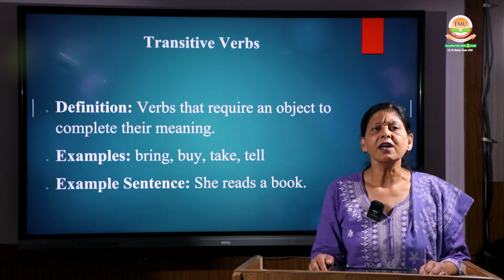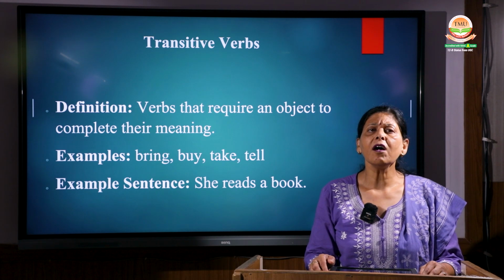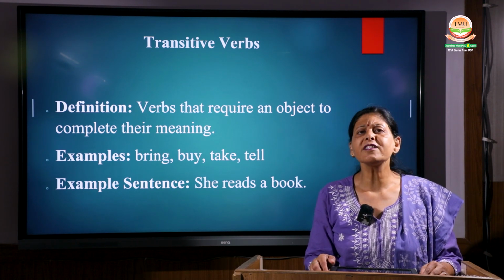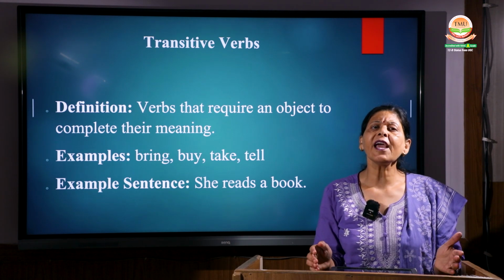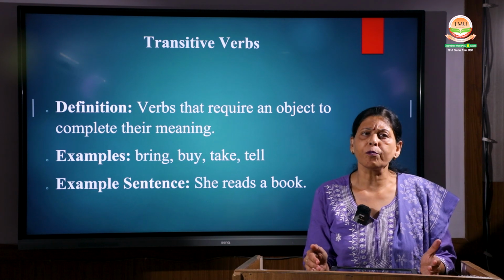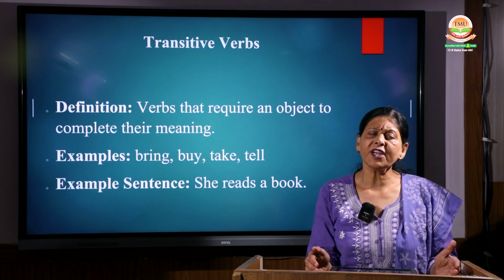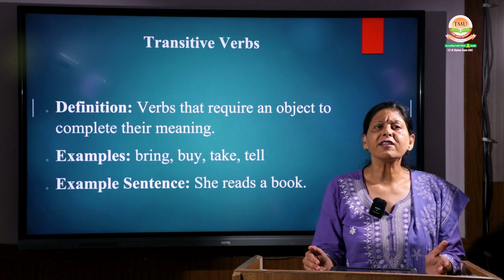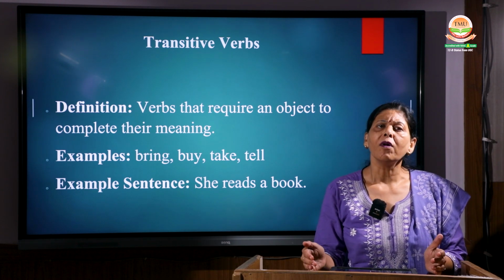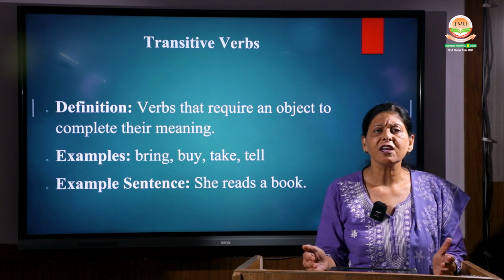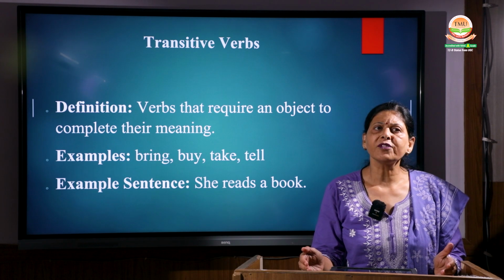The boy is the subject. Kicked is the verb here, and ball is the object. So the verb kicked has taken an object after it, and the object is ball. Meaning the subject is the boy, kicked is the verb, and what has been kicked, that is the object.